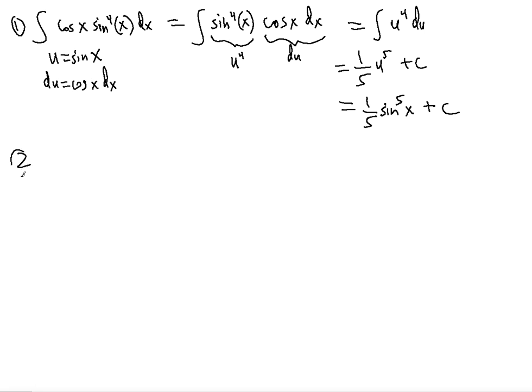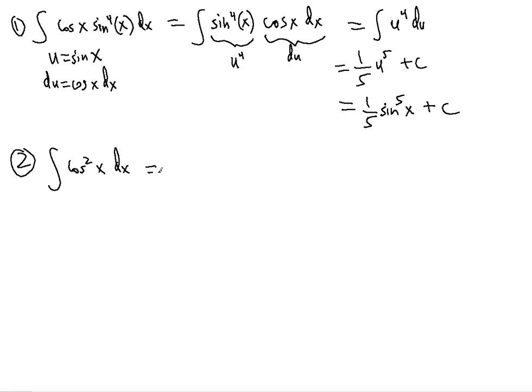Now the second example is going to be a little more complicated, because here the integrand will be cosine squared x dx. And as you can see, you can't determine the antiderivative directly like this, because there's no du if you try to use the u substitution.